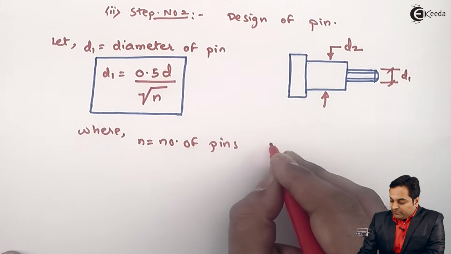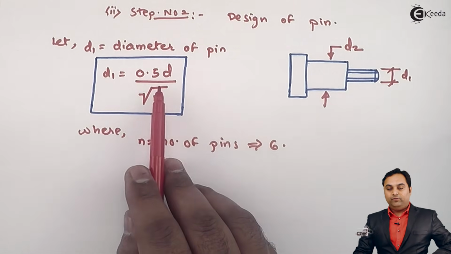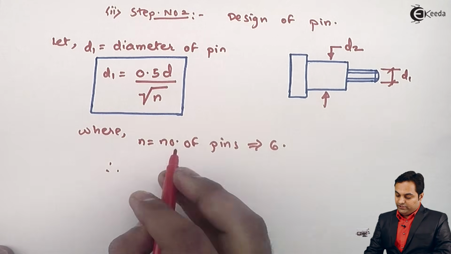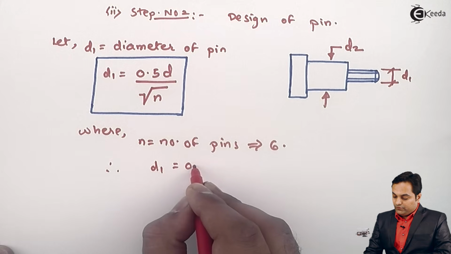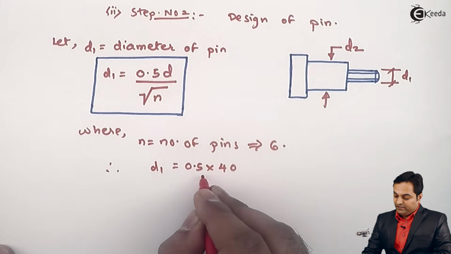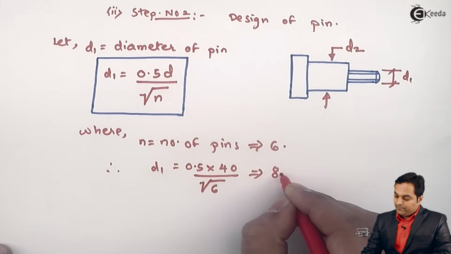Here I'll assume the number of pins as 6. This is the empirical formula, out of which I can calculate D1. So D1 becomes 0.5 into D, diameter of shaft, that was 40, divided by root of 6. So my answer is 8.2 mm.